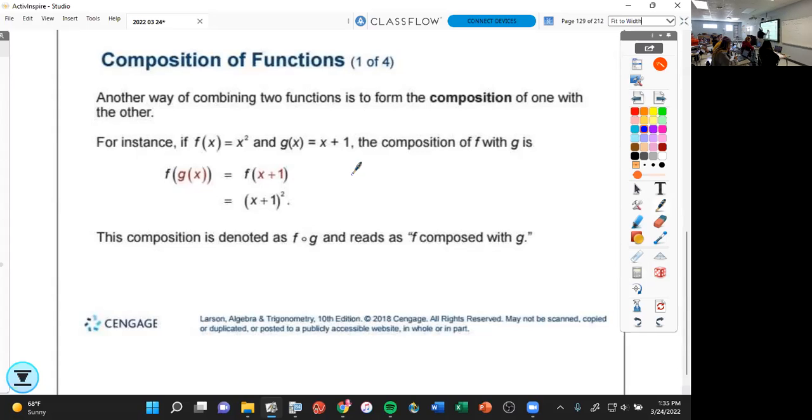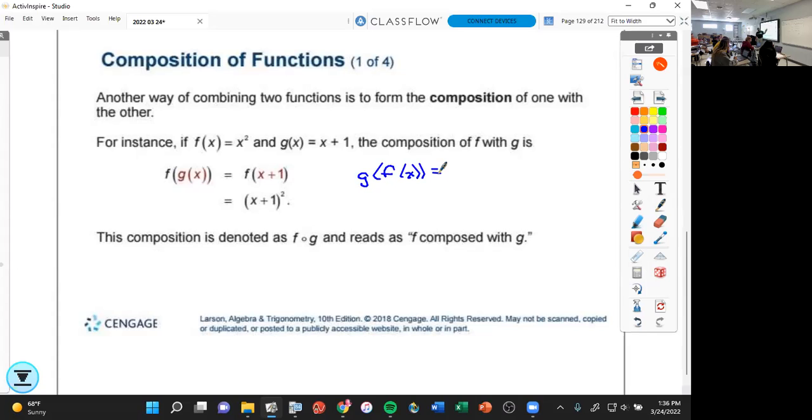What if I wanted g of f of x? It's not the same thing. Because what is the g function? The g function is x plus 1. But I just changed the x to f of x.